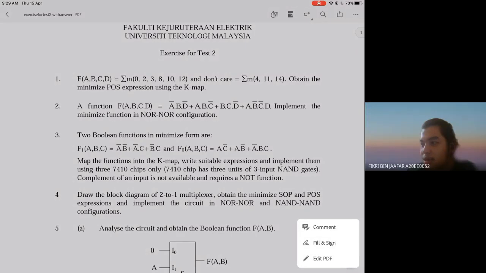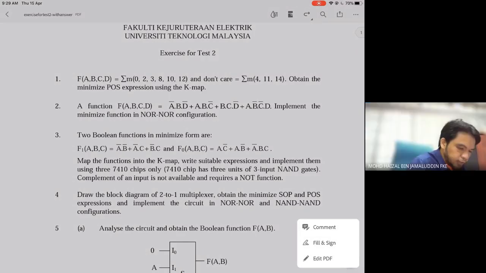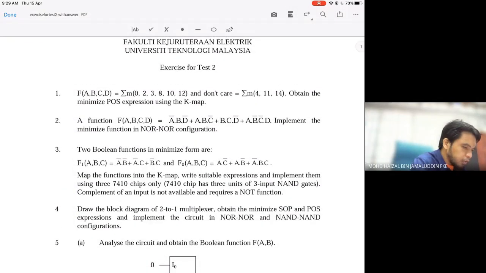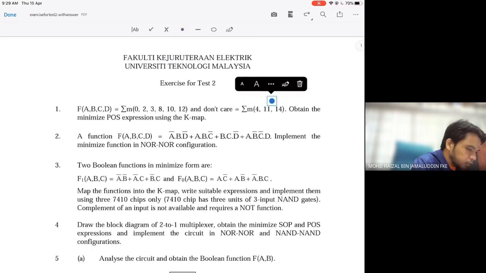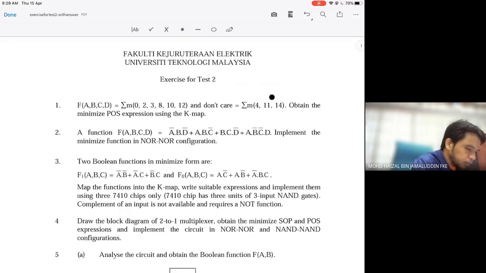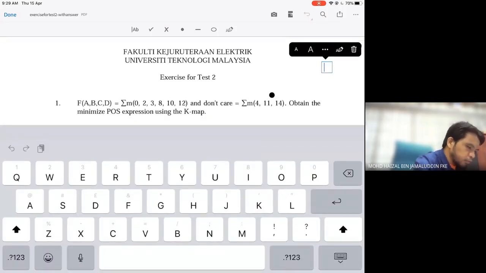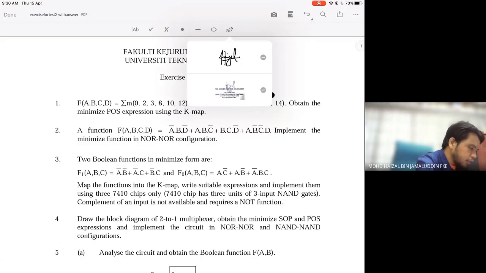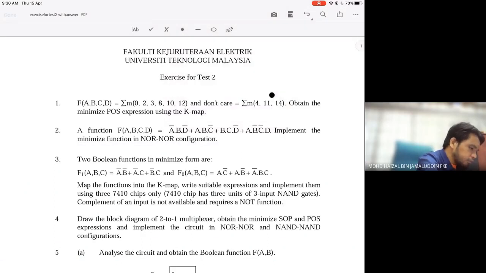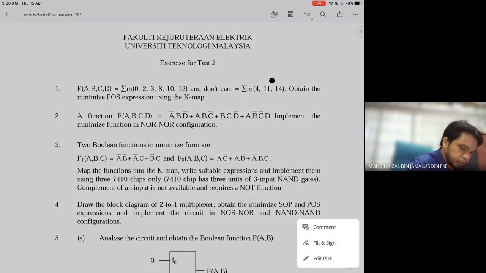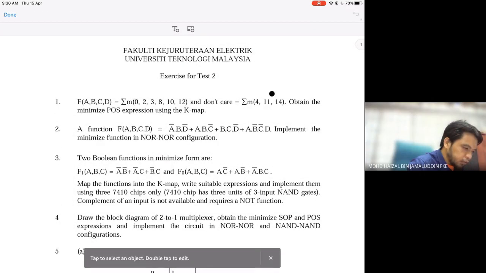Cuba pakai fill and sign tu sir. Fill and sign. Oh, okay. Fill and sign. Tak boleh juga. Boleh? Tak boleh. Kecuali masukkan yang sign ni. Ini sign saya. Dia patutnya edit PDF ni dia boleh edit.